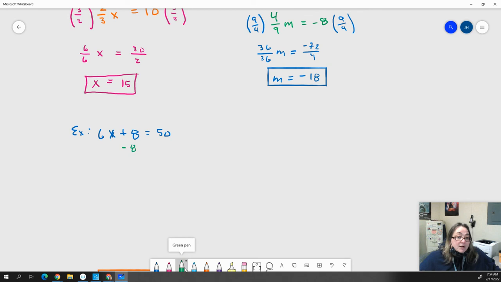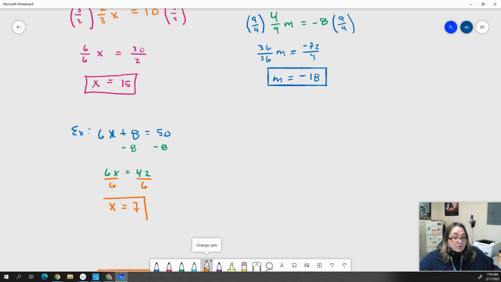So I'm going to subtract 8 from both sides, and I will get 6x equals 42. Now I can deal with what is being multiplied to it. It is being multiplied by 6, so I'm just going to go ahead and divide each side by 6. Here I will be left with x. 42 divided by 6 is 7. That's all we got going on there.